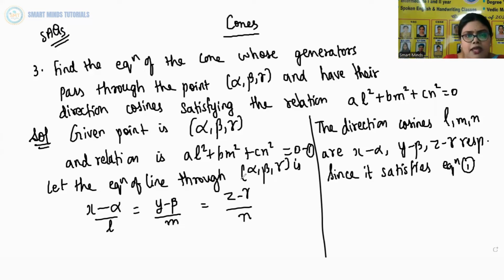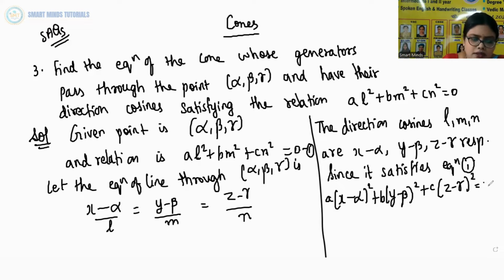In the place of L, we will substitute x minus alpha. In the place of M, we will substitute y minus beta. And in the place of N, we will substitute z minus gamma. So A into x minus alpha whole square plus B into y minus beta whole square plus C into z minus gamma whole square is equal to 0.